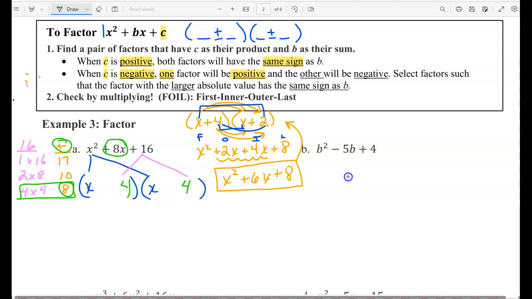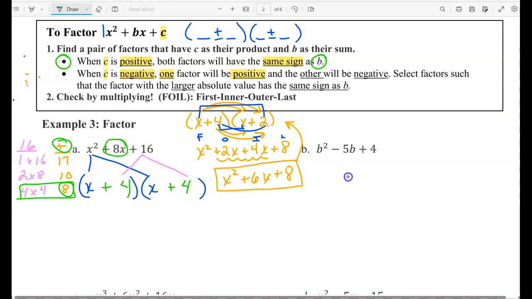So when we go up to our chart here, it says if C, that's our 16, is positive, then both factors will have the same sign, whatever the B is, which is our 8, which means they must be 4 and a 4. Okay, so our 2 factors are x plus 4 and x plus 4.